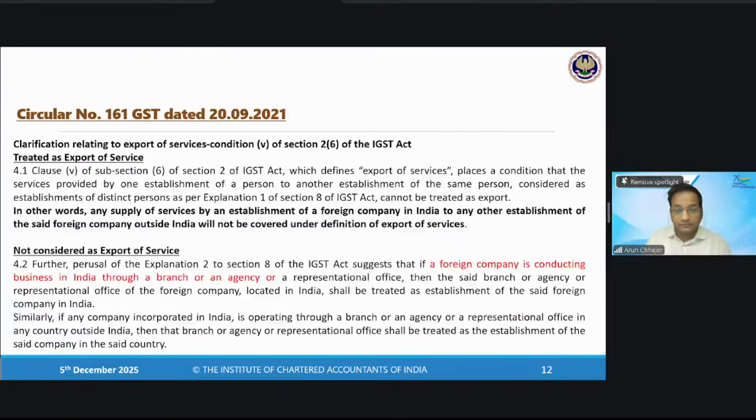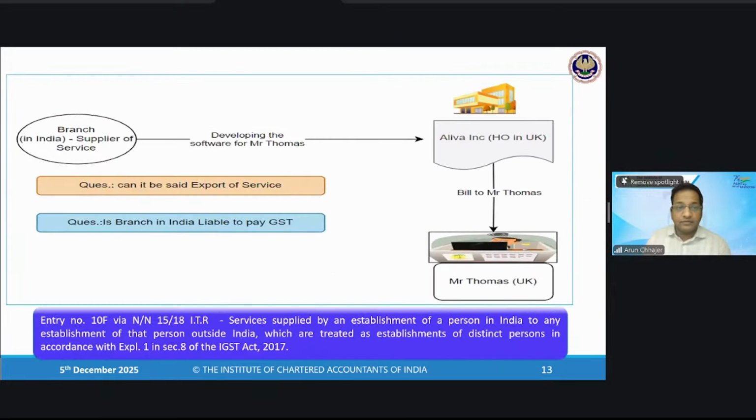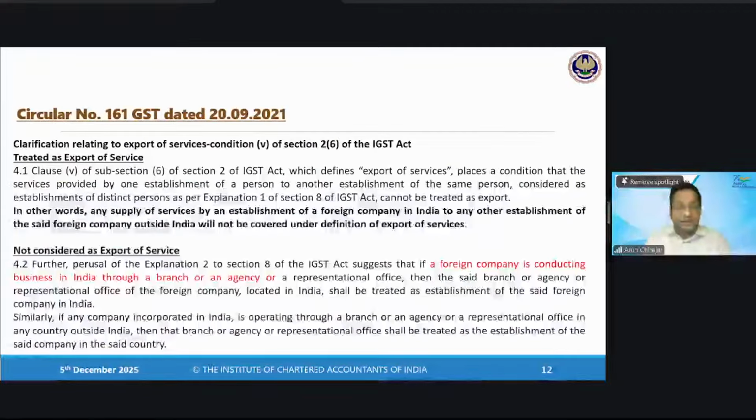Okay. But one second. But it says that if you are established in India as a separate company, like a subsidiary company, Circular 161, second part is not there, but let me repeat.